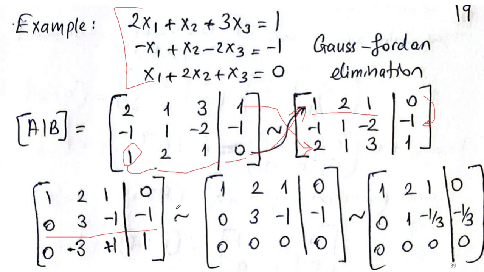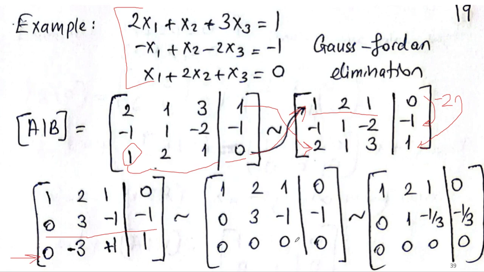And then we can multiply the first row by minus 2 and then add to the last one, and that will become 0, minus 3, and then plus 1 equals 1. And now finally we can do one more row operation, and that will allow us to make the third row equal to 0, 0, 0.